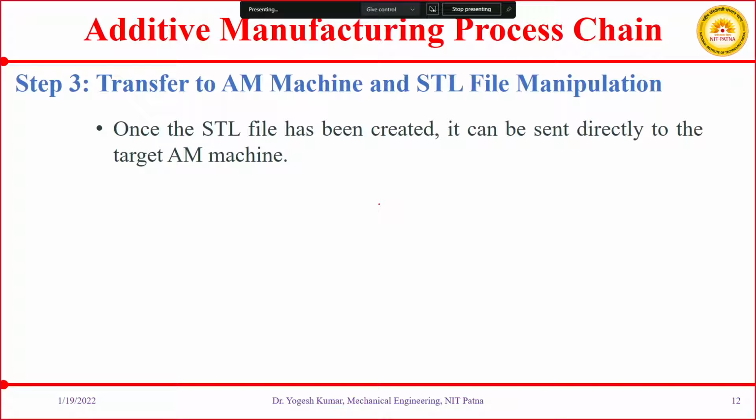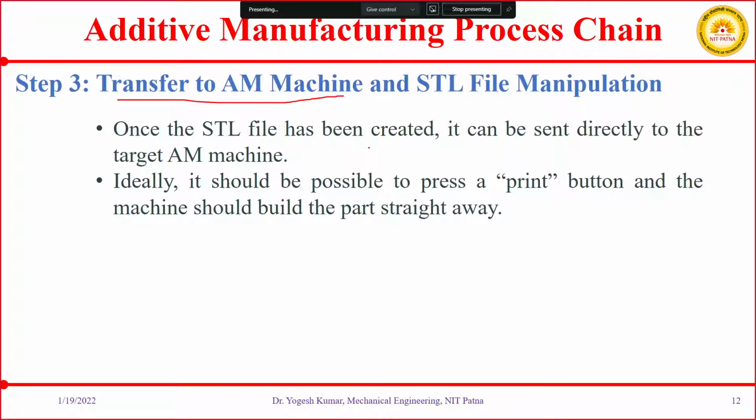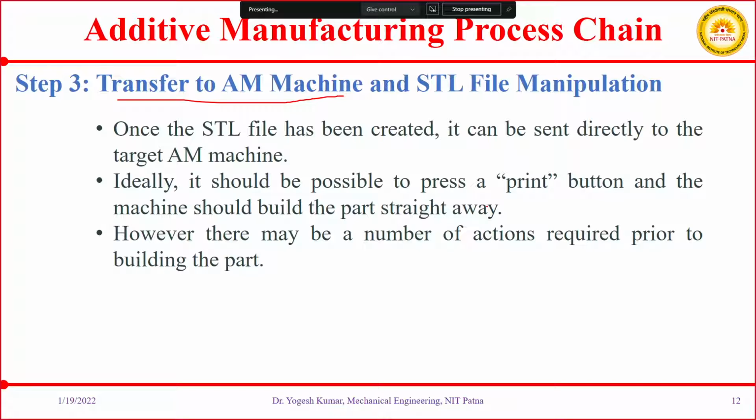So we had to use external slicing software, but nowadays we can directly transfer your STL file to your 3D printer and slice your 3D product there. Once the STL file has been generated, it can be sent directly to the target AM machine. In most 3D printers, we have an option that is print, or sometimes it is written as build.